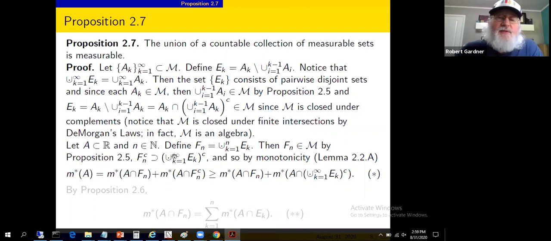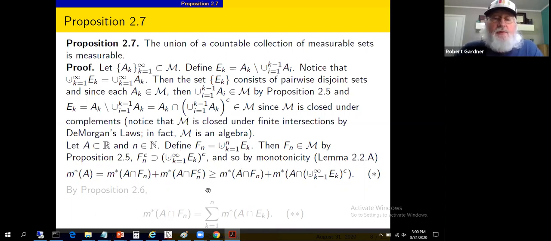Well, if F sub N is a subset of this bigger set, when we take complements, kind of like multiplying by -1, then F sub N complement includes the complement of the bigger set. Think about it. Since F sub N, forget the complement, is a subset of this set here, forget the complement, then the complement of F sub N is a superset of the complement of this set. So we can throw monotonicity at it.